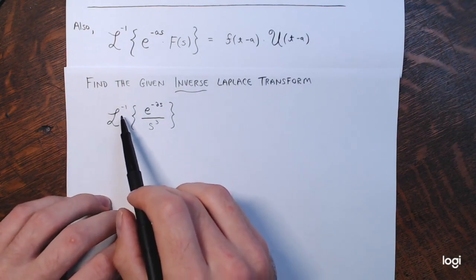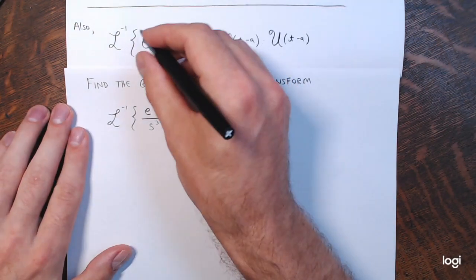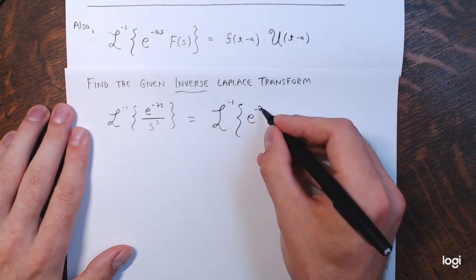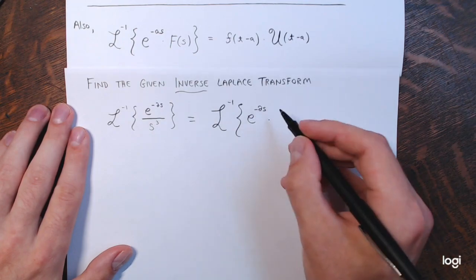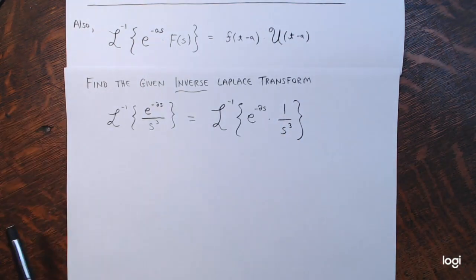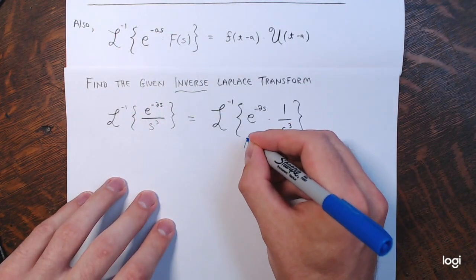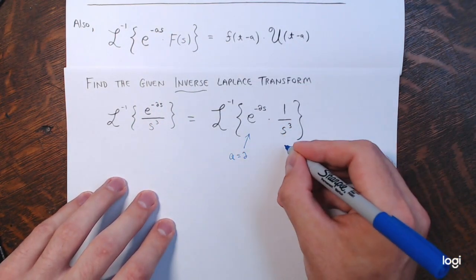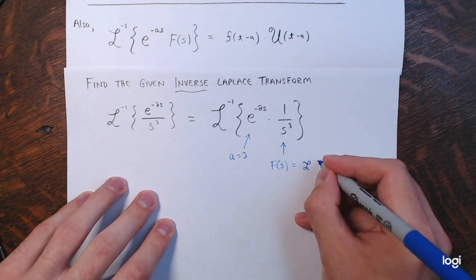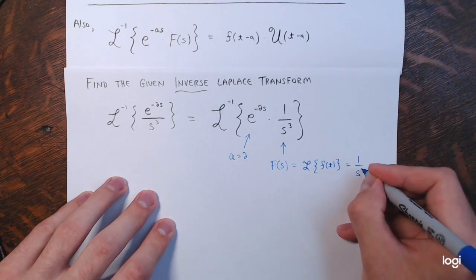All right, so here, the inverse Laplace transform of e to the negative 2s over s cubed. If I want to write it this way, this is the inverse Laplace transform of e to the negative 2s, there's my e to the negative a s, times 1 over s cubed. So we can see from the way I've written it here, the value of a is 2, and the F of s, which is again the Laplace transform of some function little f of t, is 1 over s cubed.